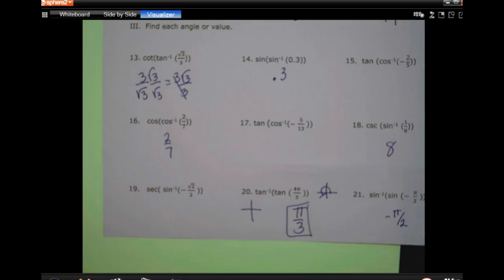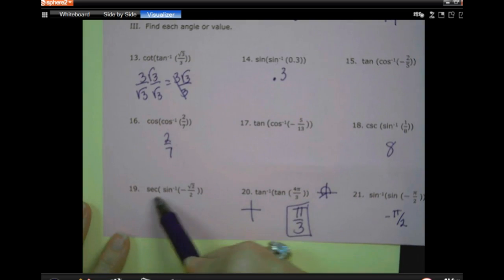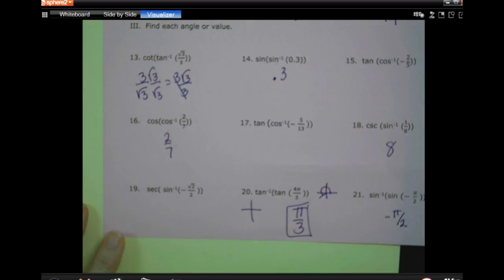Except I'm looking at the answer and it's square root of 2 over 2. Where's the only angle that's the square root of 2 over 2? Pi over 4. Would it matter if it was sine, cosine, cosecant, it's still the same, right? They're all the same. So I do have to do the inverse, though.